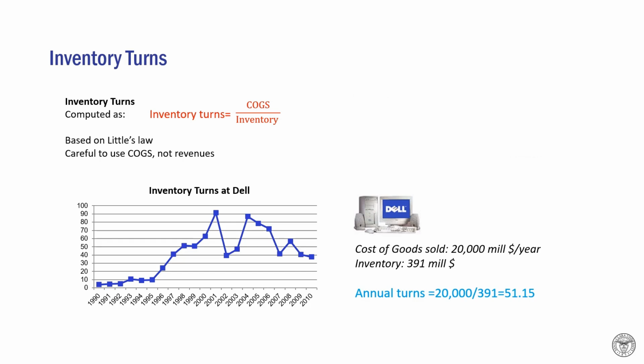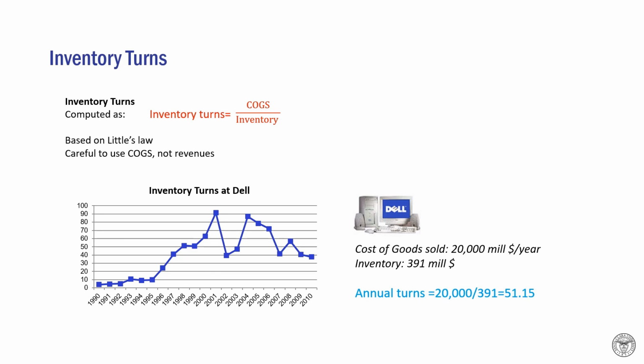On the other hand, for Dell, with a COGS amounting to $20,000 million per year and an inventory value of $391 million, the annual turns could be calculated as $20,000 million divided by $391 million, resulting in an impressive 51.15 turns.